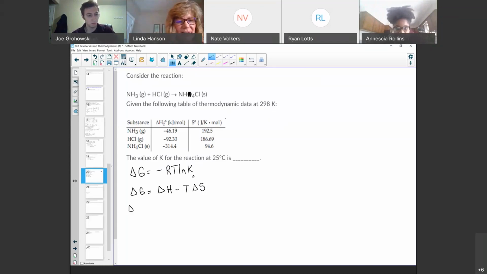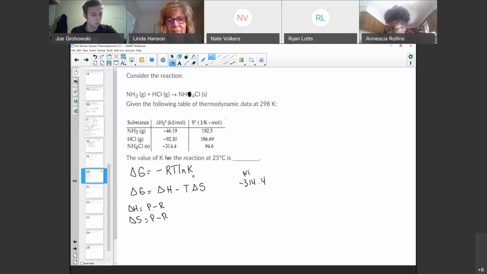Okay, so let's do delta H, we know is products minus reactants. We know delta S will be the products minus reactants. We need to do a little bit of adding and subtracting there to figure out those two values. NH4Cl, the bottom one, so I'll do negative 314.4 minus the sum of NH3 and negative 92.3.